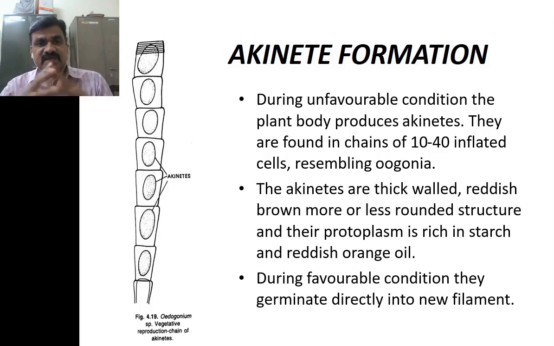Because of the thick wall, they resist unfavorable conditions. Whenever conditions are favorable, these akinetes germinate directly and give rise to new filaments. That is why they are called resting spores: they are formed during unfavorable conditions, withstand them, and germinate during the favorable season.